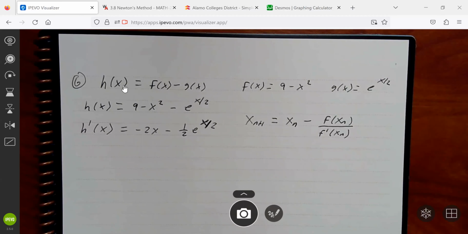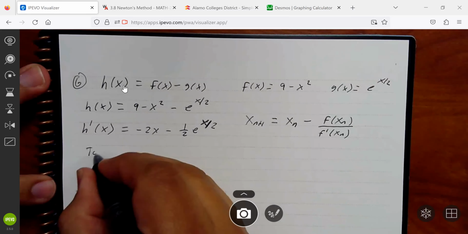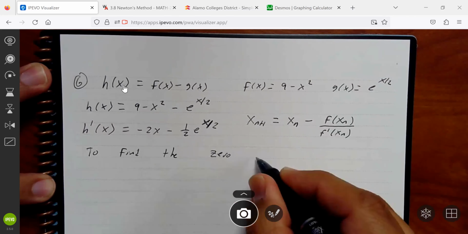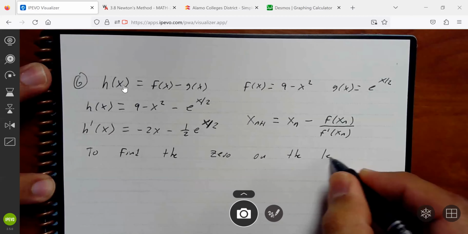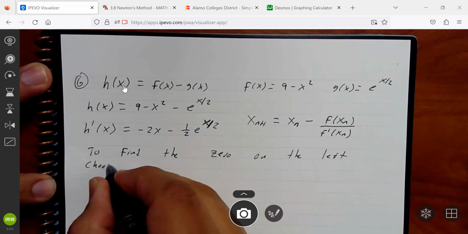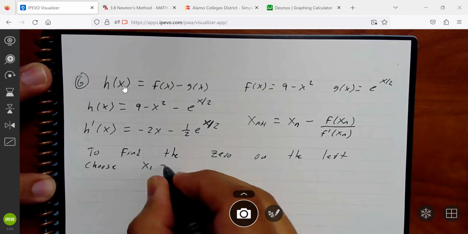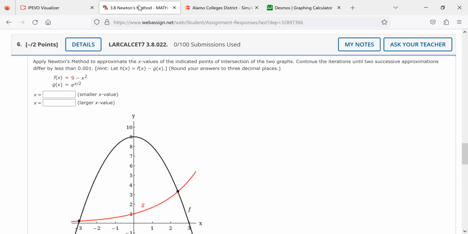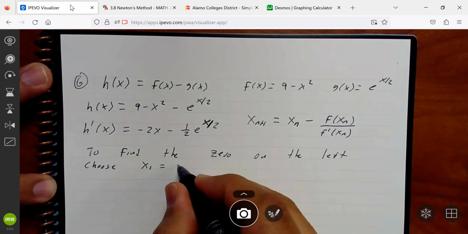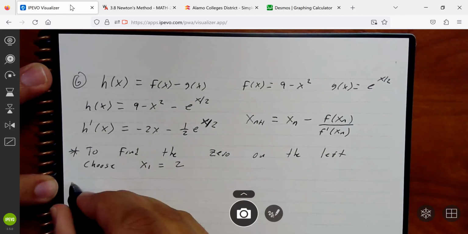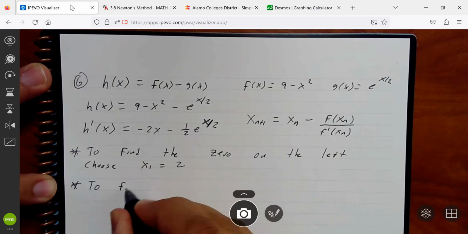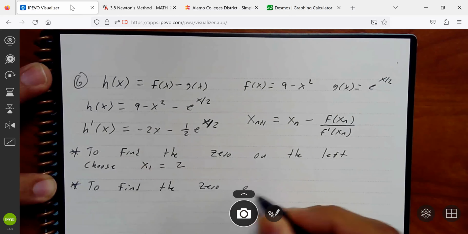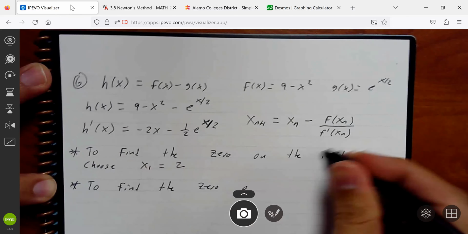Okay, so make a note here and let you work on it. To find the 0 on the left, choose something close. So choose x1 equal to, I don't know, they gave us a graph, so 2, I guess.